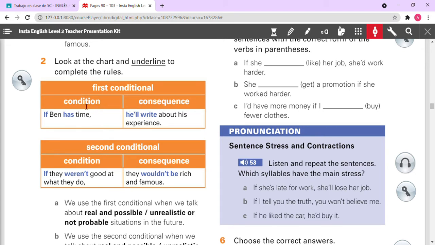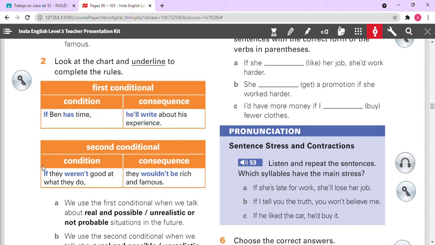In the second conditional, we also have a condition and a consequence. I told you at the beginning, they are very similar, but the problem is what they express. Remember, in the first conditional, real situations. In the second conditional, imaginary situations.